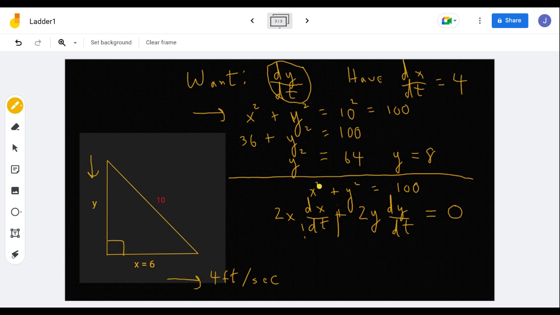And so if we want dy/dt, let's move this whole term. So we're adding two terms. We can move this to the other side and it becomes negative. So 2y dy/dt is now equal to negative 2x dx/dt.